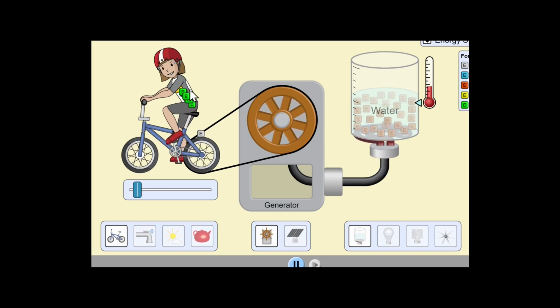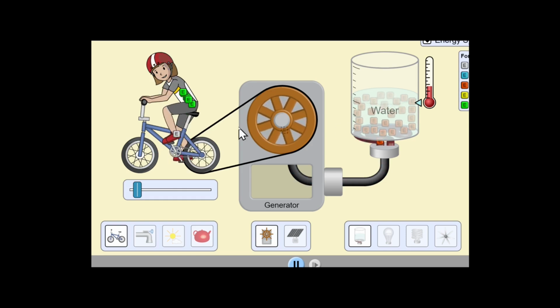She's converting this chemical potential energy into kinetic energy here on the bike, which is moving this generator. Here is mechanical energy. The generator is generating electrical energy, which is blue. The electrical energy is making thermal energy, heat energy here. You can see that. And the heat energy is leaving to the atmosphere.